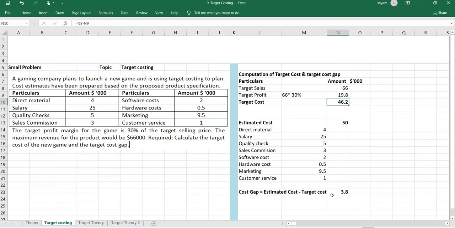The company has to reduce 3,800 of cost to make the product viable. So that's about this sum.